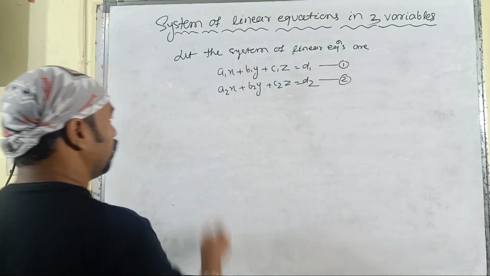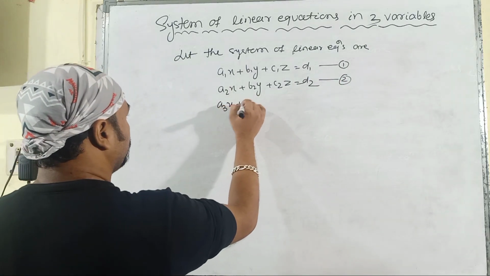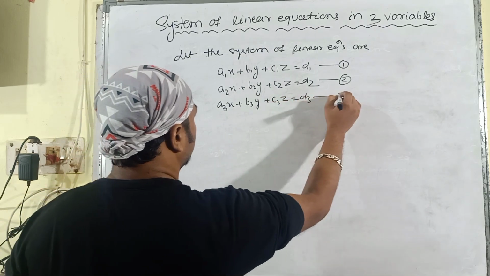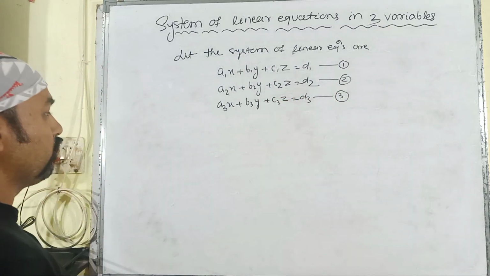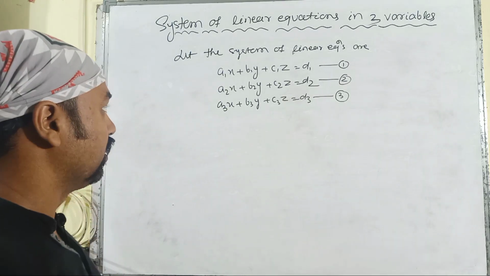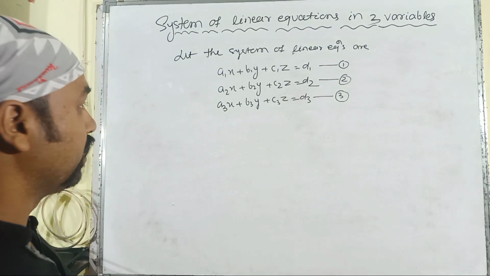Here it is the second equation. Then the third one, a3x plus b3y plus c3z is equal to d3. Here it is the third equation. And all of the equations contain three variables or three unknowns x, y and z for which they are satisfied.